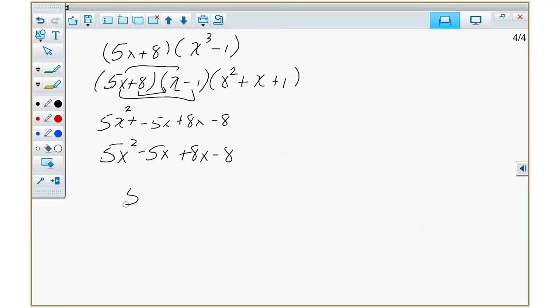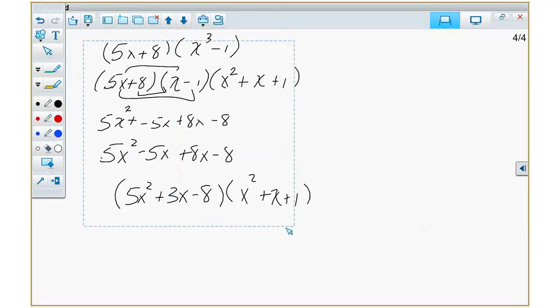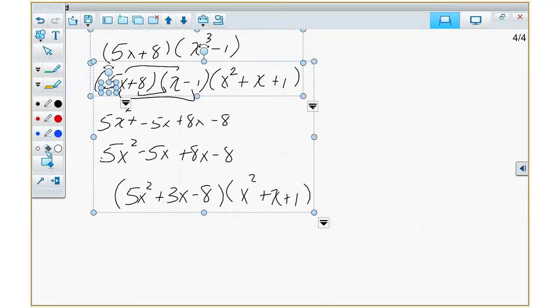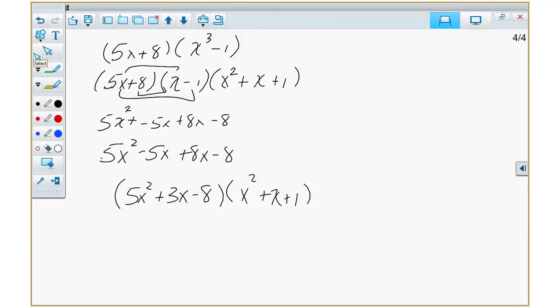And then that's 5x squared plus 3x minus 8 times x squared plus x plus 1. Now what? Good old distributive law. Are we dealing with the shovel or the backhoe? We're dealing with the shovel. So make you appreciate the backhoe.